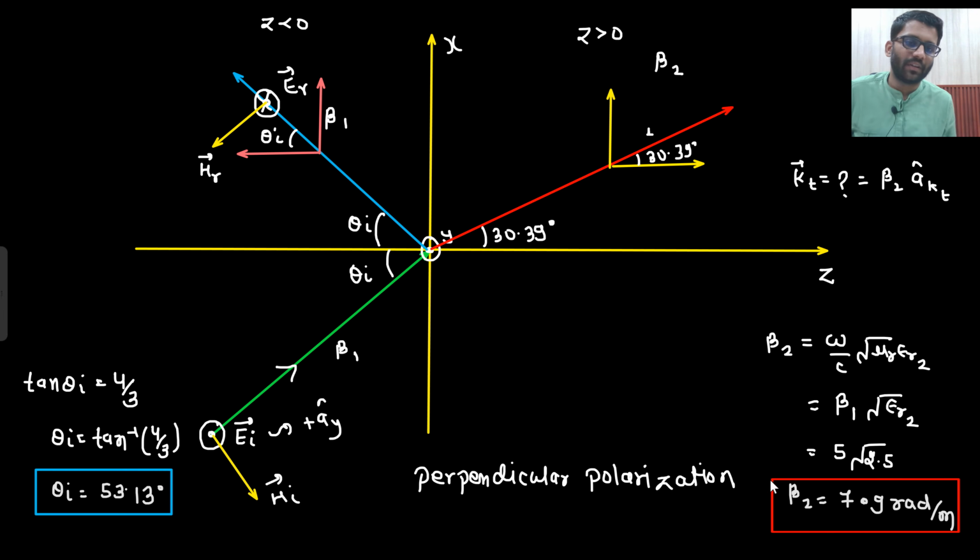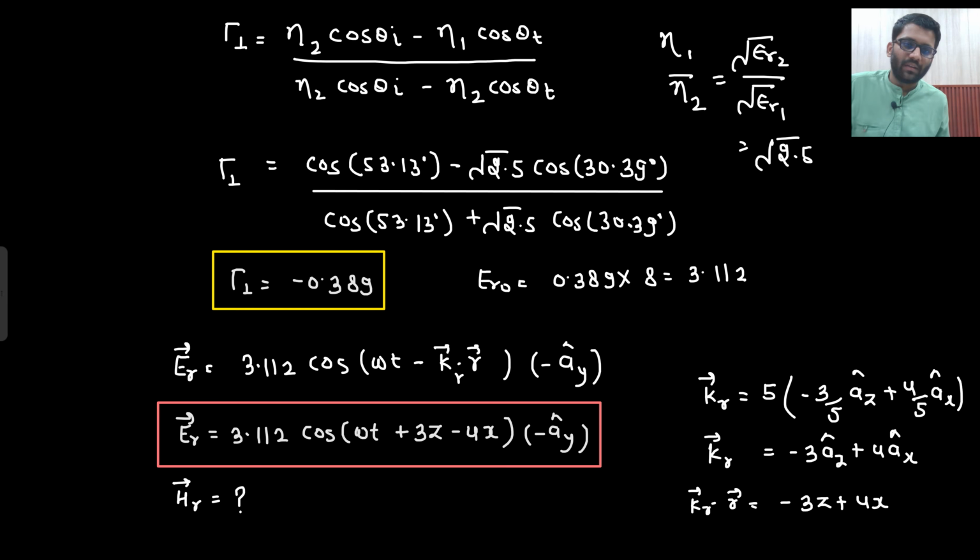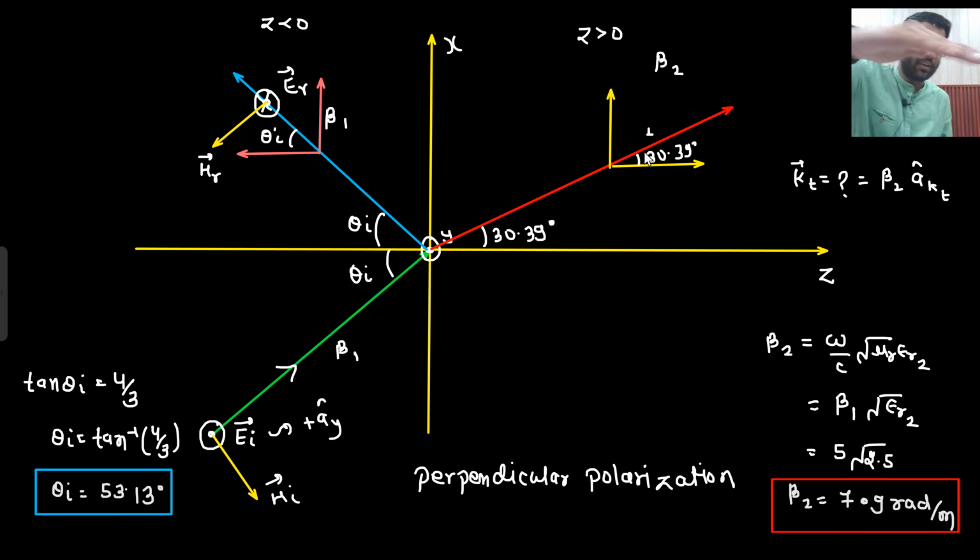This has a magnitude 1. Okay. So if I write down AKT, the unit vector I have to assume is 1 cos 30.39 AZ cap.